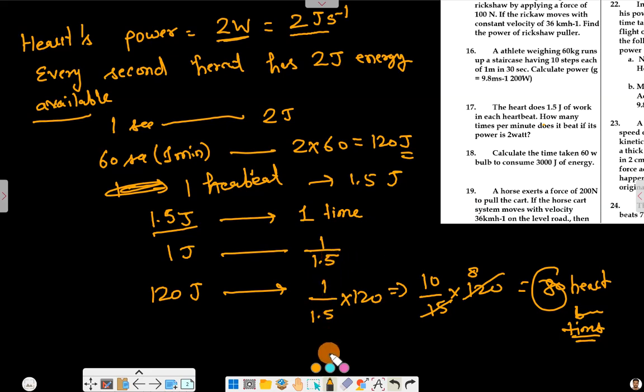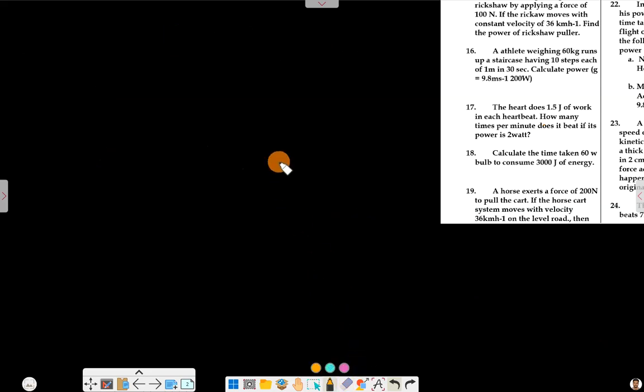Going to question number 18. The question says, calculate the time taken by a 60 watt bulb to consume 3000 joule. So it is mentioned that power is 60 watt. What does 60 watt mean? 60 joule consumption per second.